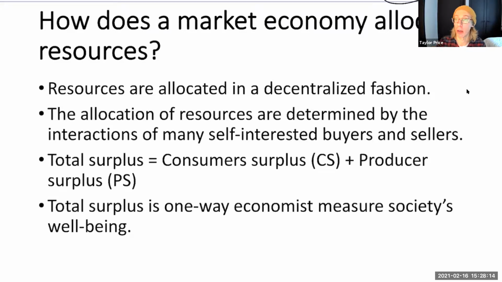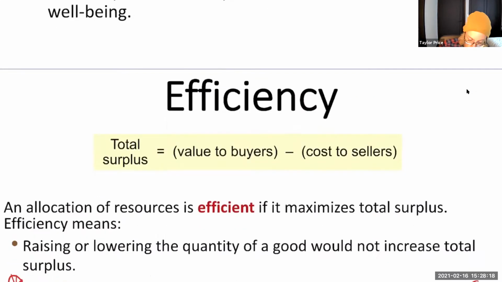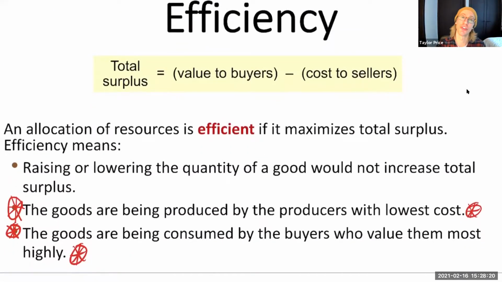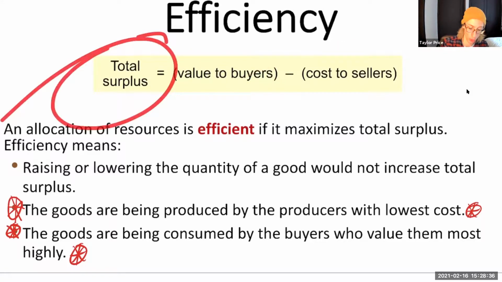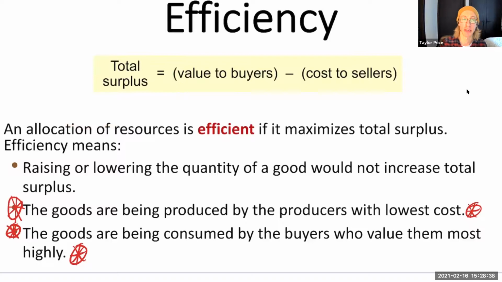Now, a couple of people already asked a really good question: what does efficiency mean? Thinking about it as a big meta analysis, efficiency is the value to the buyers of consuming the good minus the cost to the sellers. That's just the total surplus in the economy.